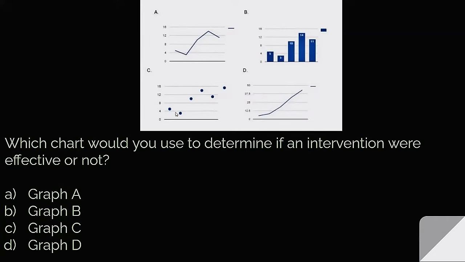So this C is the same line graph here, but we just didn't connect the dots. So I think that makes it a little less easy to read. I think we use line graphs for that reason. And then D is really all this information on a frequency graph. So you can tell that, yes, the frequency goes up, and it seems like a fairly consistent rate of increase. But that's it.